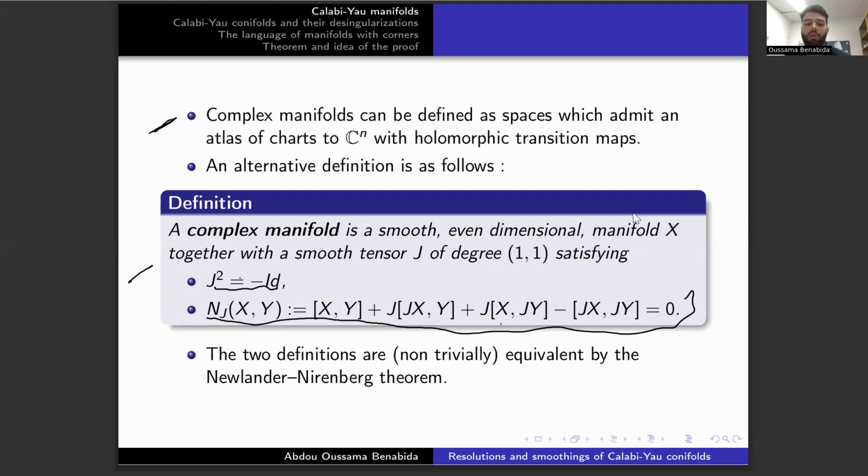These are equivalent by a theorem called the Newlander-Nirenberg theorem, and it's a non-trivial theorem. In practice, we will be using this second definition because we will be making use of this complex structure, this J, which is what we call the complex structure.